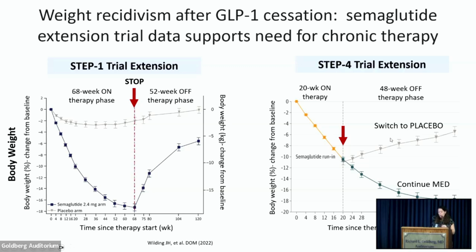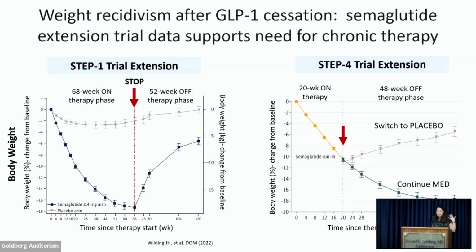They took the group, and some people switched to placebo after 20 weeks. And then some folks continued on therapy. And so you could see the continued therapy group kept downtrending really nicely. And the folks who switched to placebo, again, regained most of the weight lost. And it's pretty quick. So again, some of it has to do with how much you lost, but effectively those folks are almost back to where they started a year later.